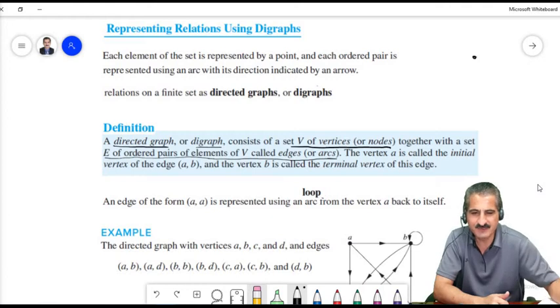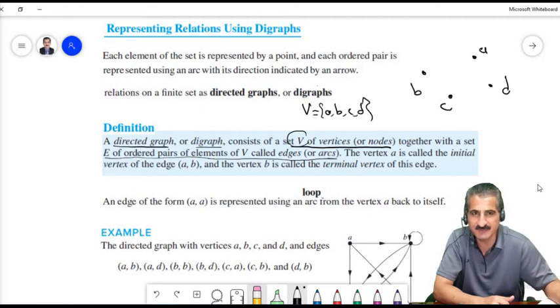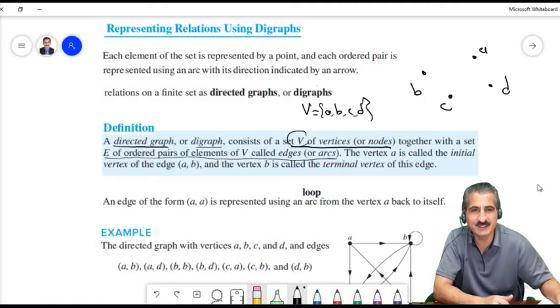So for example, we will have A, B, C, D. So these are the vertices. We call the set of vertices V, and in this case V equals A, B, C, D. Actually, we will learn about graphs in the coming 2 chapters. What are the edges? The set E, the edges. They are ordered pairs.